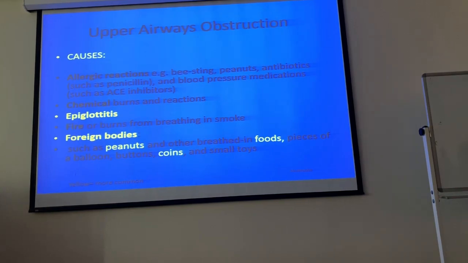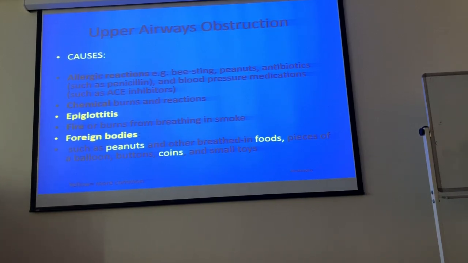Okay, this is a small portion added at the end, upper airway obstruction. In many cases the patient comes and he cannot breathe, and there is laryngeal edema, and he doesn't have any disease.